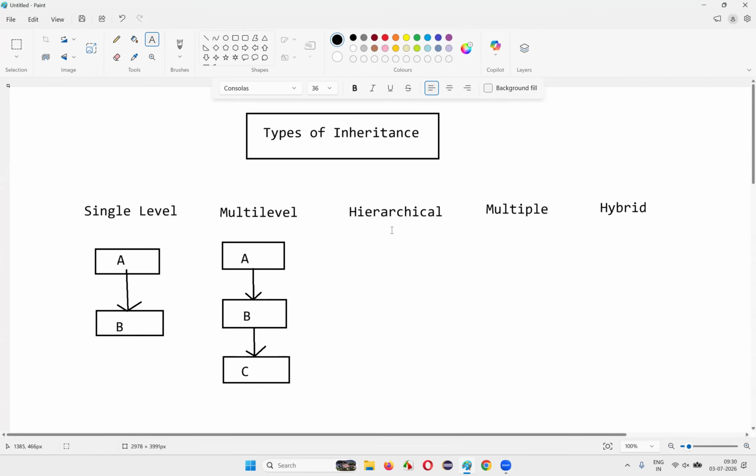The third variety here is hierarchical inheritance. This is an example of hierarchical inheritance, guys.